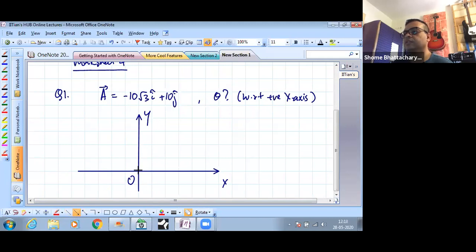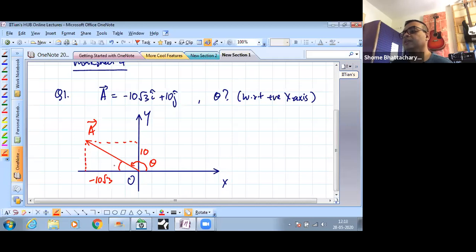So it is something like this. This is our vector A, where this negative x component is minus 10 root 3 and this positive y component is 10. So you can see this is the angle theta that we are talking about.